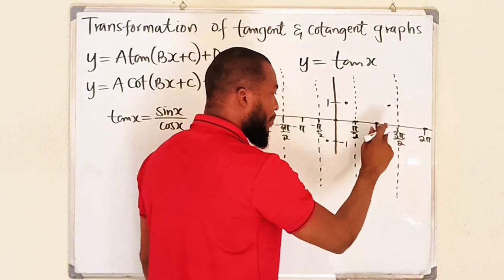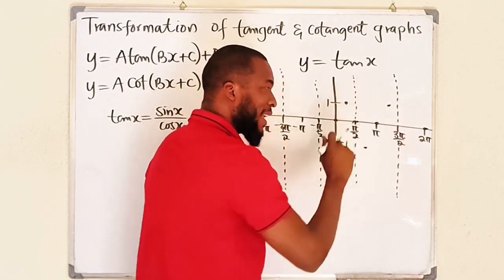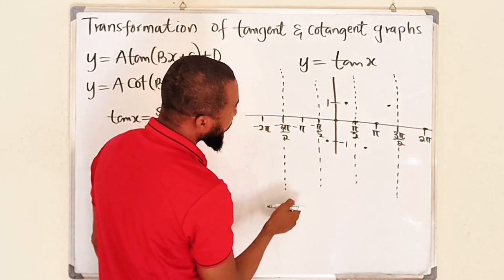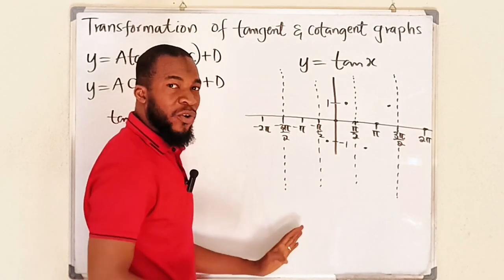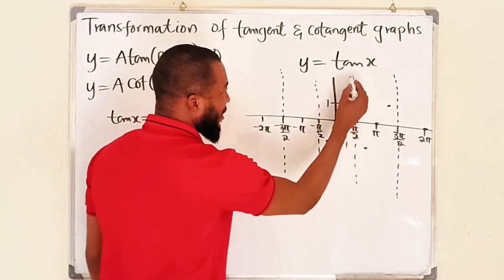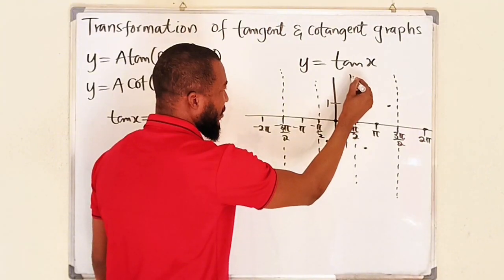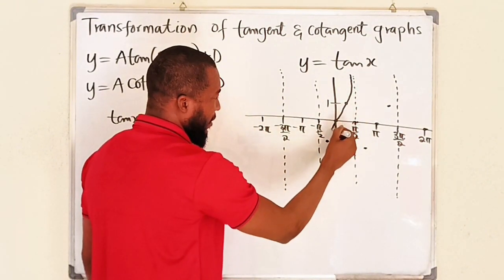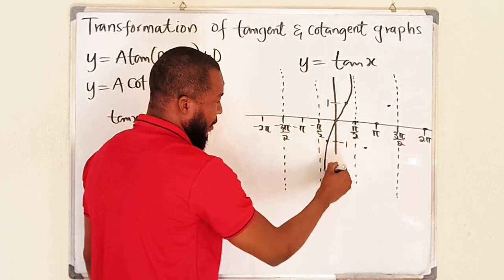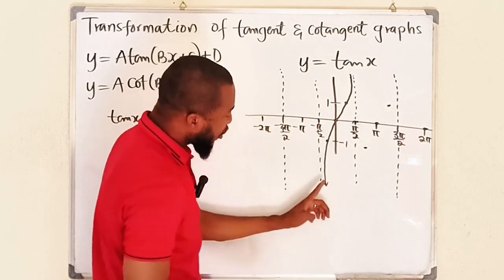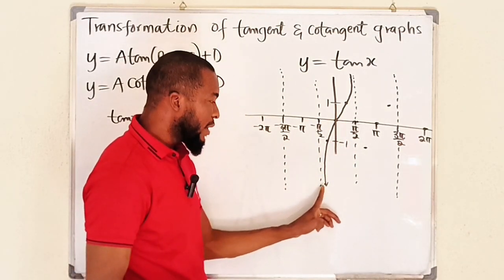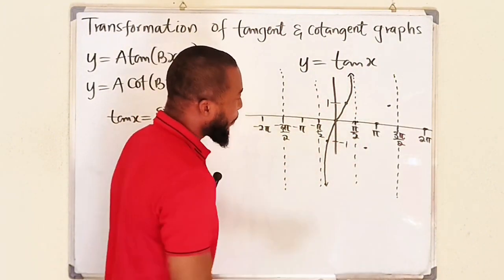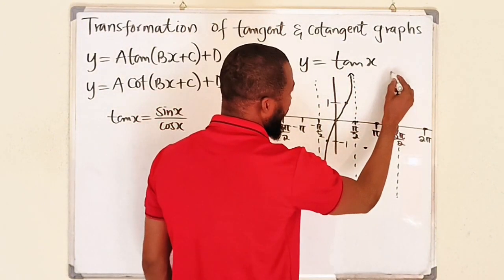Tangent of 5 pi over 4 will give you 1 again. All of this, you repeat to the left. As the graph will never cross the asymptote, it is going to look something like this. It can come closer and closer, but it will never pass the asymptote. Similarly, we have an arrow here, and we have this one as well.